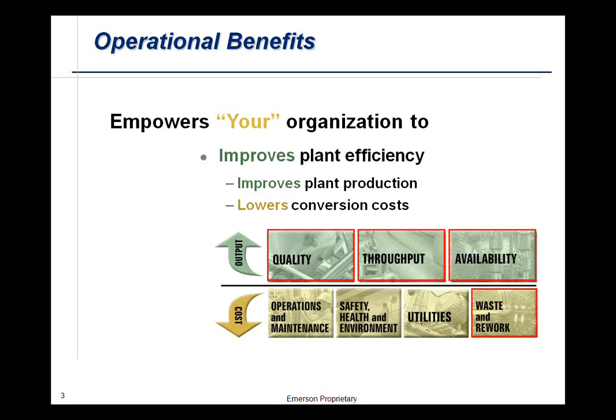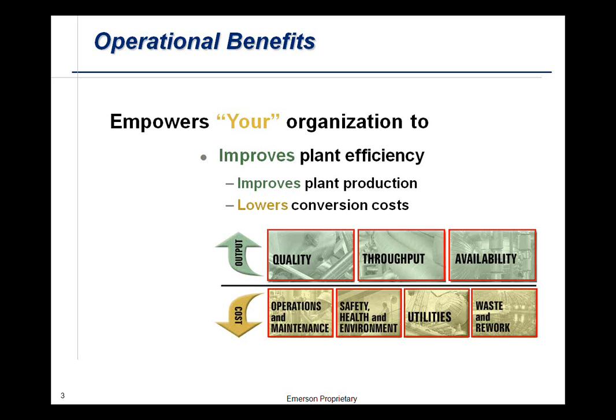Maybe we need to increase the performance in the area of waste and rework. Look at the operational and maintenance aspects, the safety, health and environment, or utilities. These are 7 buckets. I'm sure that for each of you today, at least one of these, if not most of them, have a specific interest for you.